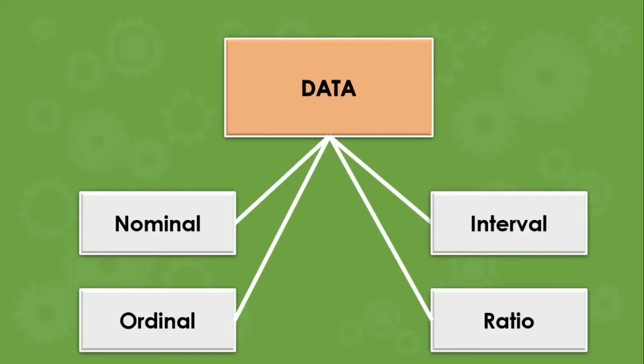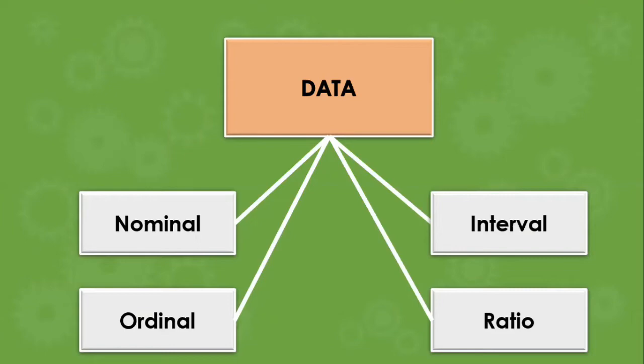If we see ratio data, these are the ultimate nirvana when it comes to measurement scales, because they tell us about the order, they tell us the exact value between units, and they also have an absolute zero, which allows for a wide range of both descriptive and inferential statistics to be applied.